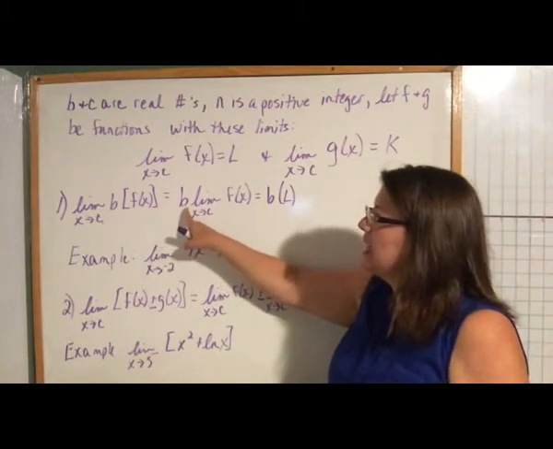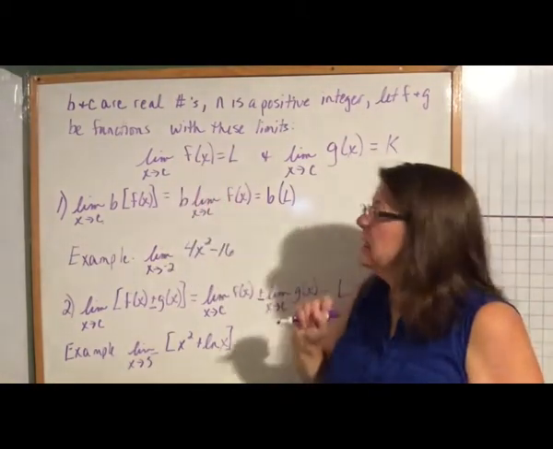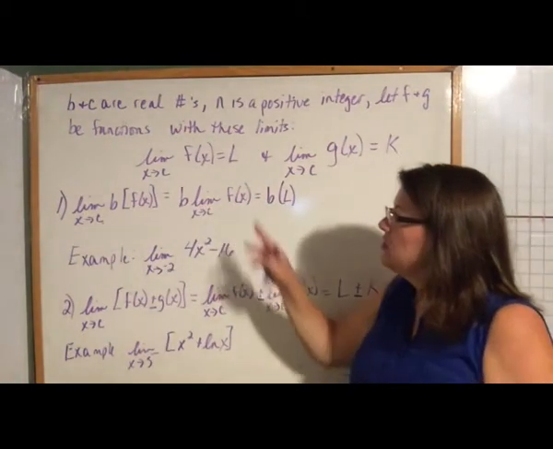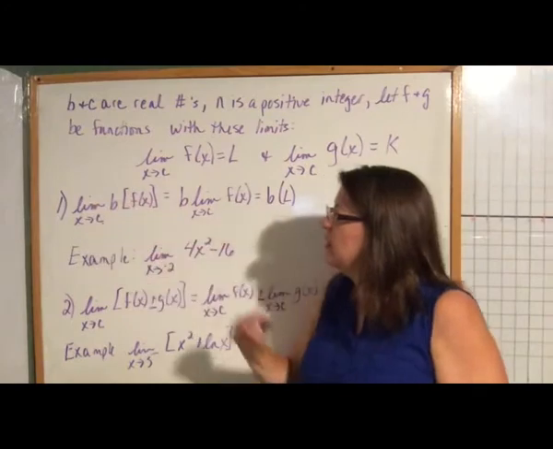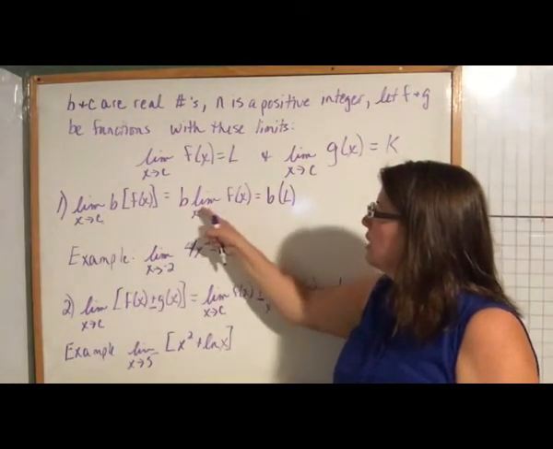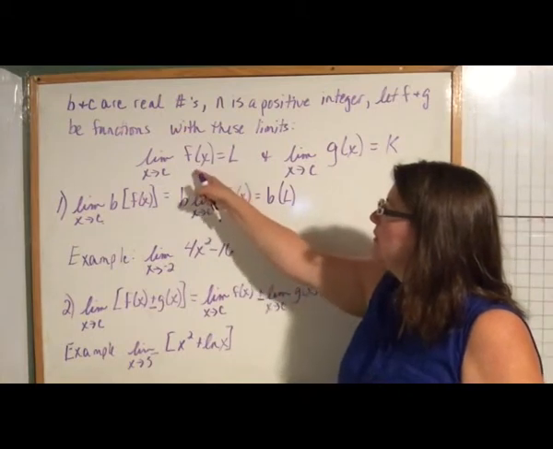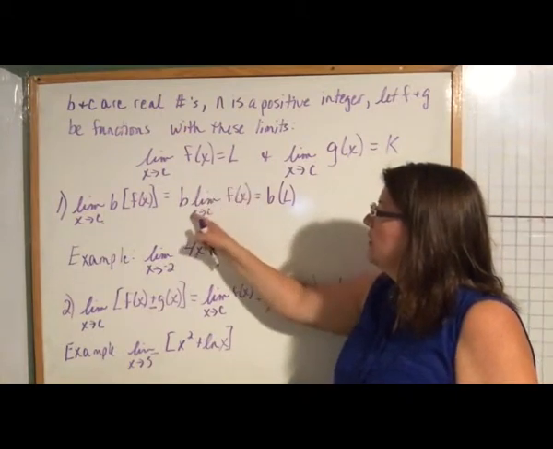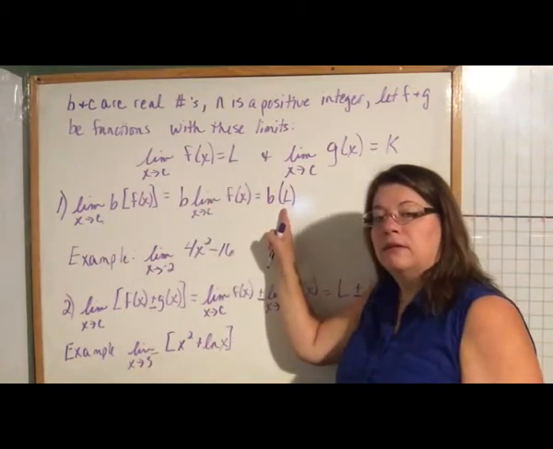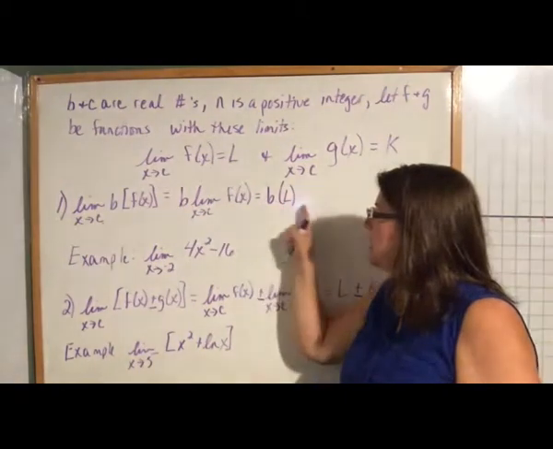So we're allowed to take the b out to the front and then multiply the limit times b to get our answer. So if we bring out that b, the number that everything has been multiplied by, and then find the limit of the function like normal, and they told us that the limit of f of x is L, then the limit of this entire function is going to be b times the limit of f of x. So that's b times L.